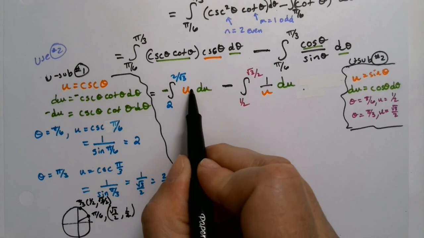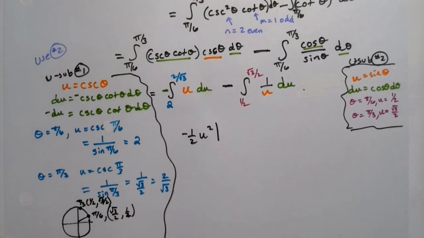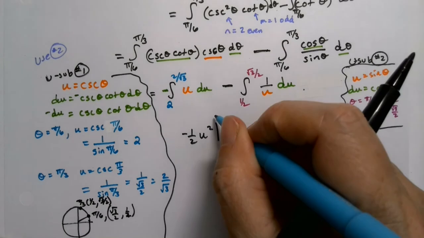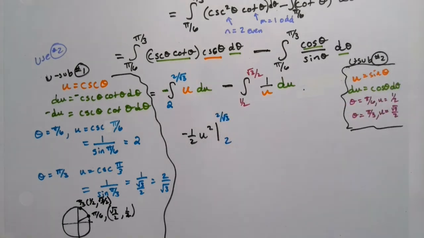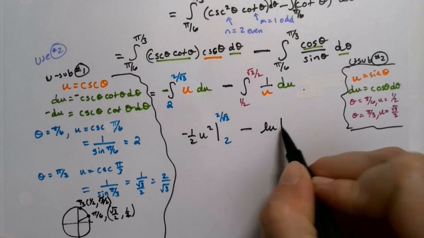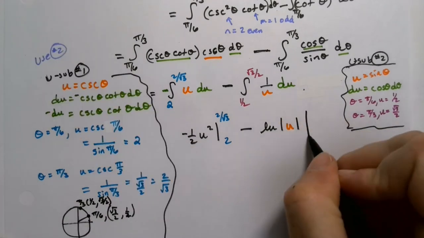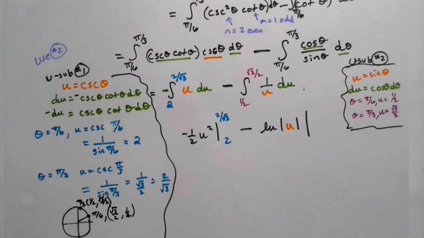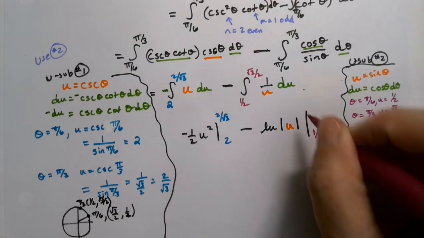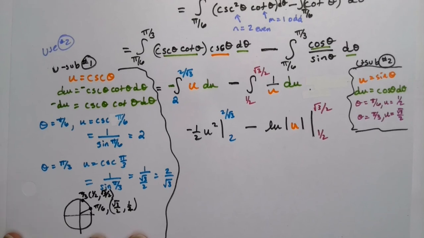So the integral of negative u would be negative 1/2 u squared. I'm going to take that from 2 to 2 divided by the square root of 3. And then minus, and this will be the natural log of the absolute value of u. I'm going to take that from 1/2 to the square root of 3 over 2. At this point, it's just substituting very carefully.